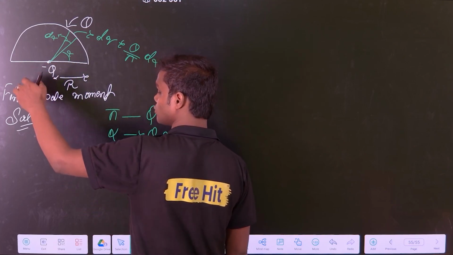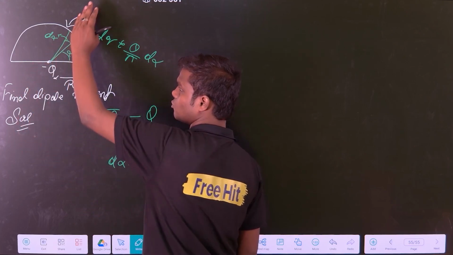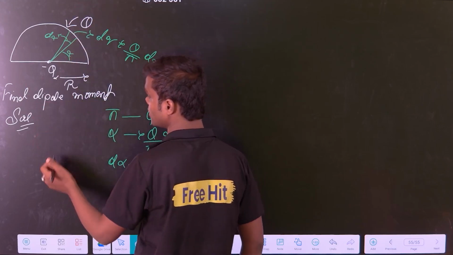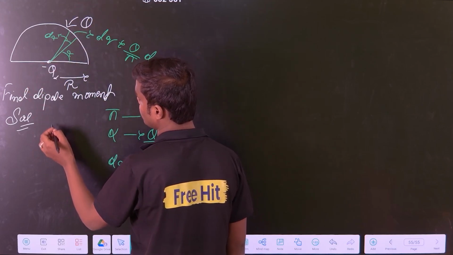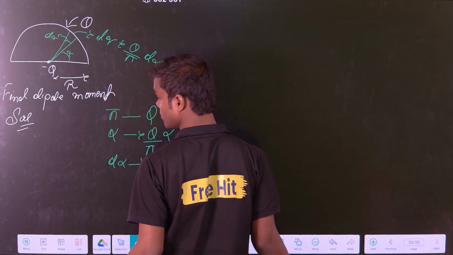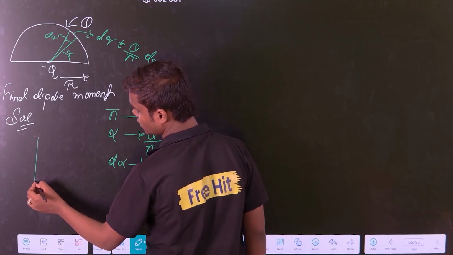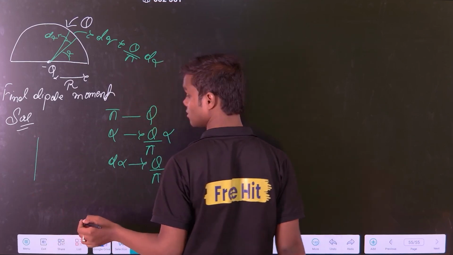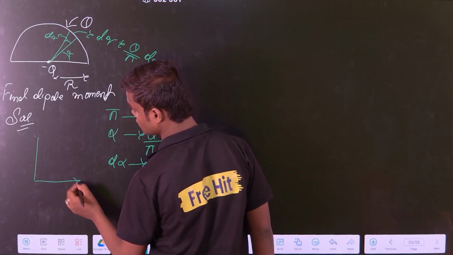And this will be minus q. So what is the direction of dipole moment? Minus to plus, correct? So there will be two components you will get. Let me draw the direction for you.